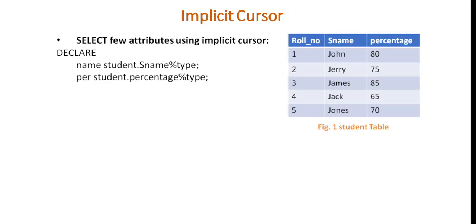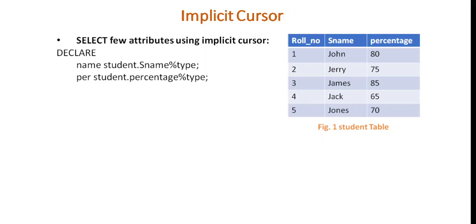What does it mean? Student is the name of the table, and sname is the name of the attribute in that student table, which is used to store the names of all the students. So student.sname means I am accessing the sname attribute from the student table, and %TYPE means that I am assigning the type of the sname attribute to the name variable.